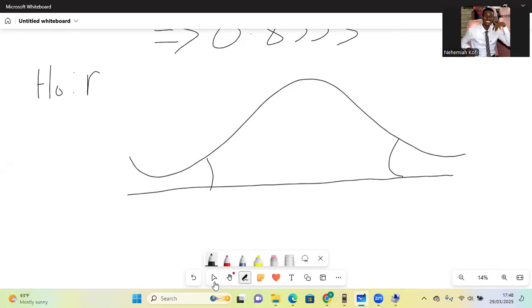So this is what we are going to get, and we have to trace this on the table. I told you whenever they are silent on the significance level, you have to use 0.05. But this is a two-tail test, so we have to use 0.025.